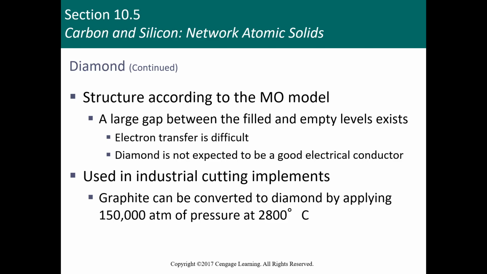For note, 1 atmosphere is the atmospheric pressure of the Earth. 30 atmospheres is enough to break pretty much anything you have in your house, and 150,000 atmospheres is huge. It's something you'd only usually find in the core of the planet. This has to be done at 2,800 degrees Celsius.